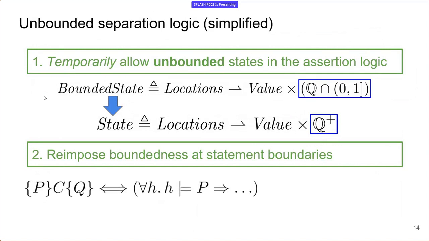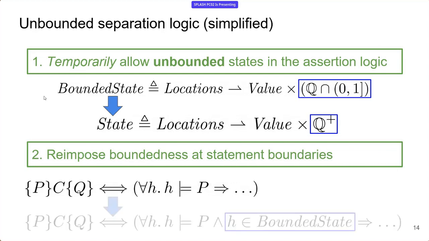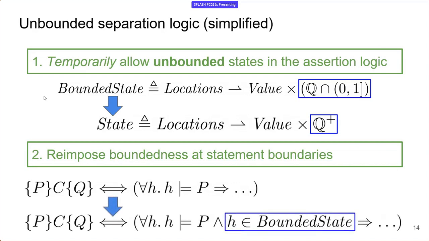But we need to recover boundedness, and we do this by modifying the meaning we give to Hoare triples. So Hoare triples, typically, the Hoare triple P C Q typically means that for any state H that satisfies P, executing C in H will result in a state that satisfies Q. We add here that these Hoare triples only need to hold for bounded states. And we put that on the left of an implication. So this implication trivially holds for unbounded states.